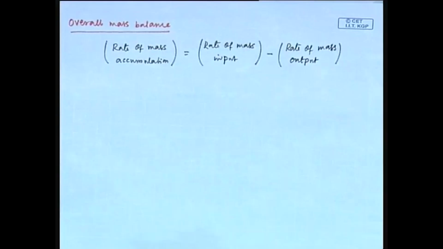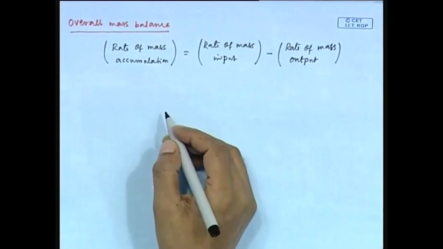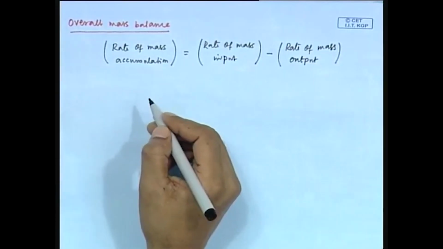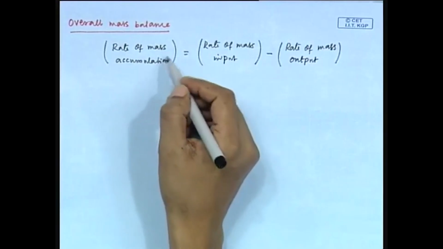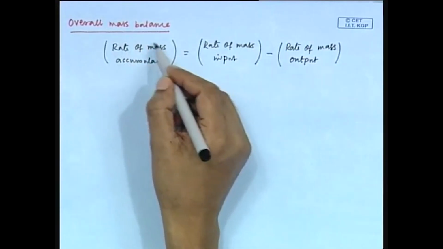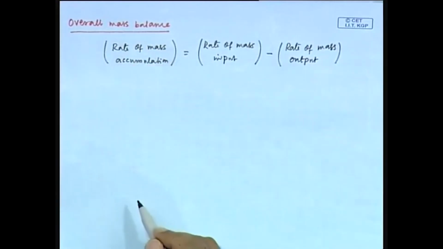This is the conservation of mass. Now for this CSTR system, how can we represent the mass accumulation?